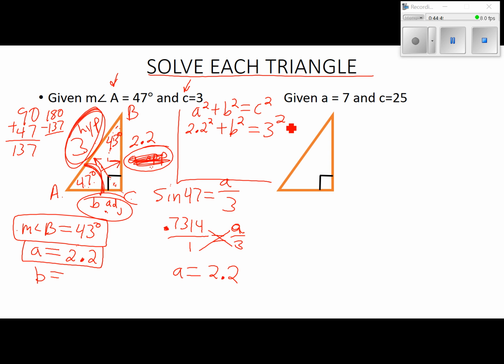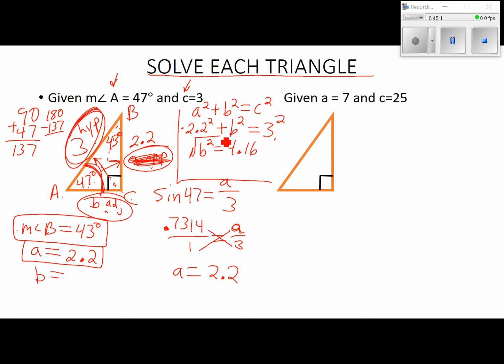If I'm doing this, I grab my calculator, and I do the 3 squared, which is 9. And then I know I'm going to subtract this part off, the 2.2 squared. So just put in minus 2.2 squared. And we end up with just b squared equals 4.16.